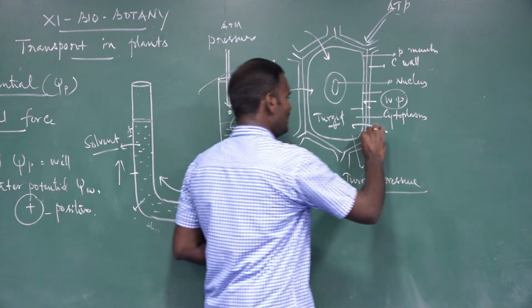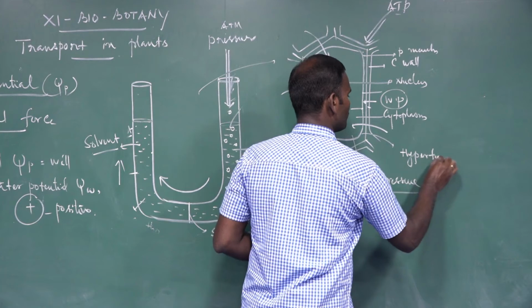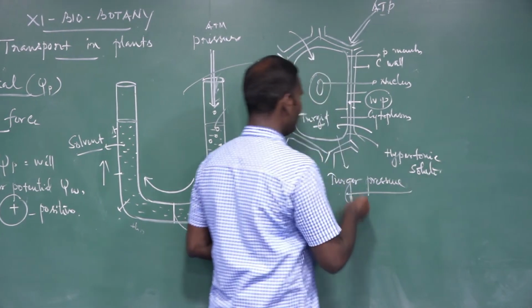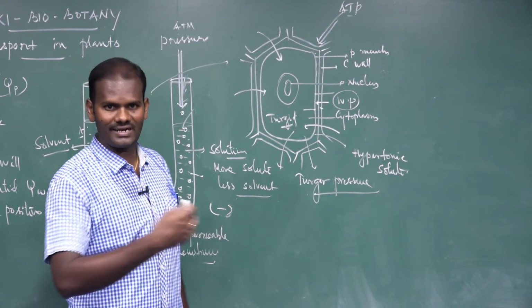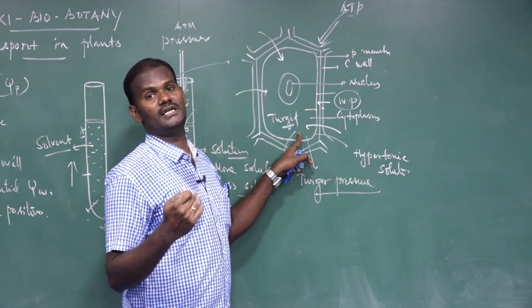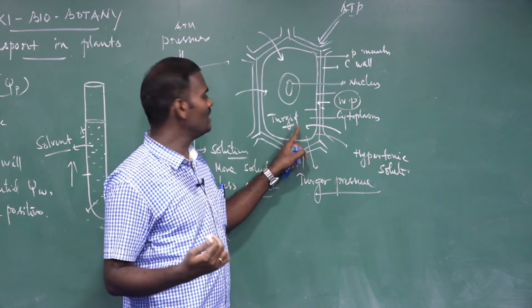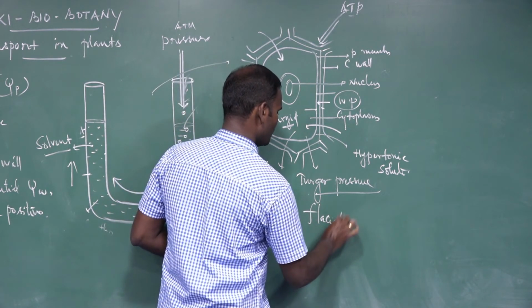If the cell is placed in a hypertonic solution, water will be lost by the process called exosmosis. The water is lost from the cell, which reduces the water potential. The cell becomes flaccid.